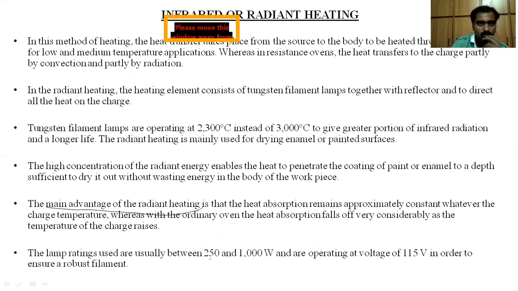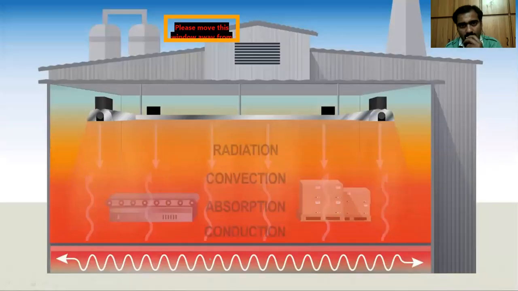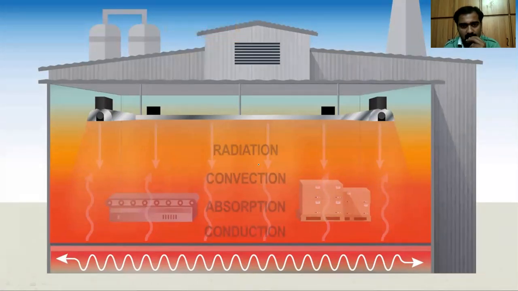Okay, I will show you one pictorial representation of this method. Then you can easily understand how this radiation happens. Please check it out. This is the basic radiation system. So we are going to heat.